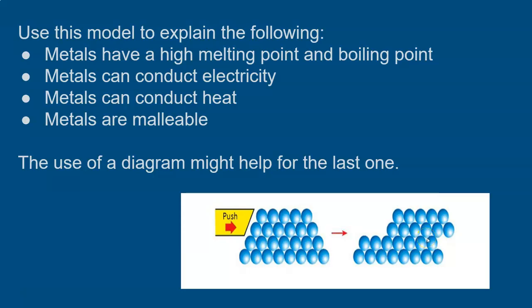A slightly distorted or changed shape lattice, but they will still slot into position. You can see the arrangement here is exactly the same as the arrangement that you get after it's been hammered. So the key words to get into your explanation are that the metal is made up of layers of atoms, and when you hammer it, the layers of atoms slide over one another.